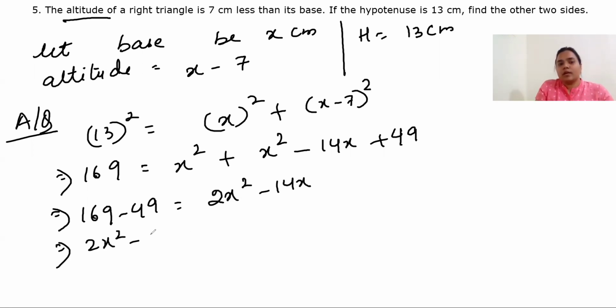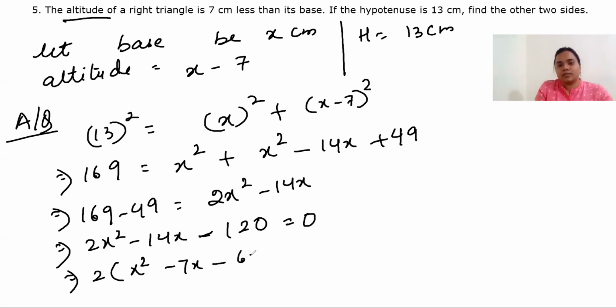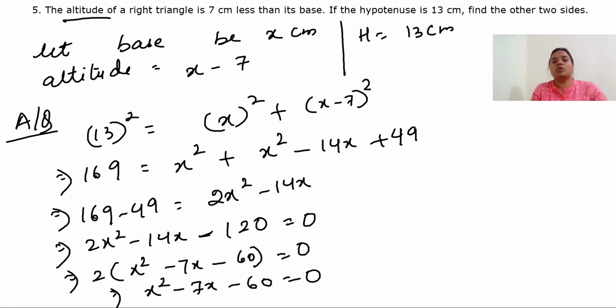So 2x square minus 14x minus 120 is 0. Again, I can take 2 common. x square minus 7x minus 60 is equal to 0. I'll take 2 to that side, and the equation will become x square minus 7x minus 60 is equal to 0.